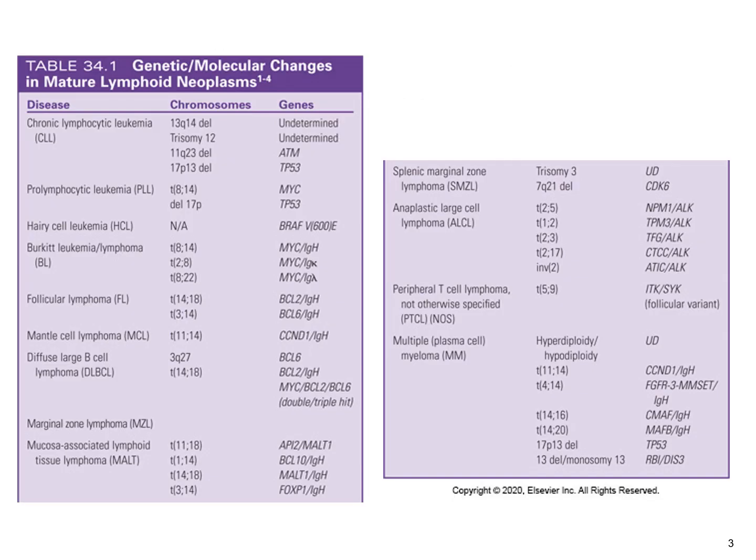Your textbook has a nice chart that summarizes some of the common chromosomal translocations and the altered genes. You're not really expected to know all of these. Just know that if you're looking for a particular disease, and when doing genetic testing you find these alterations in these chromosomes and genes, that will indicate the particular neoplasm.